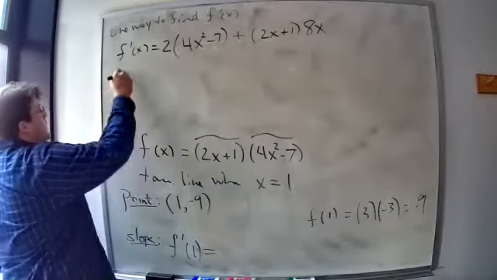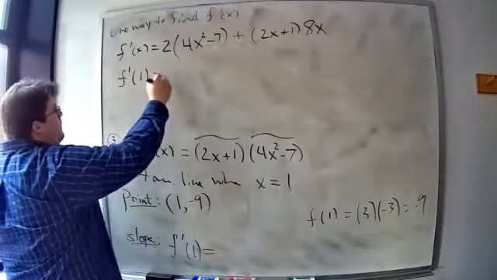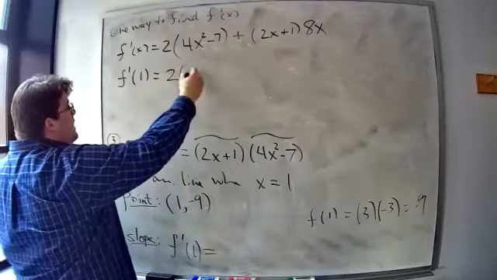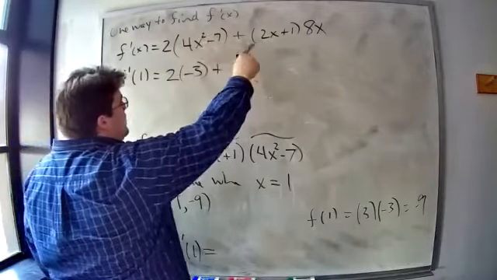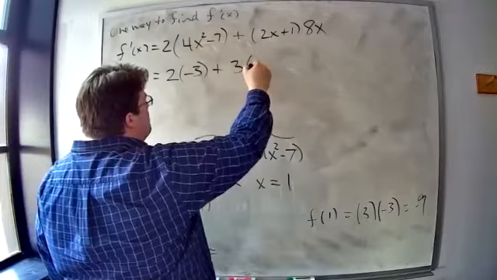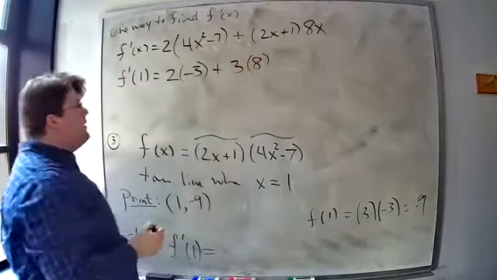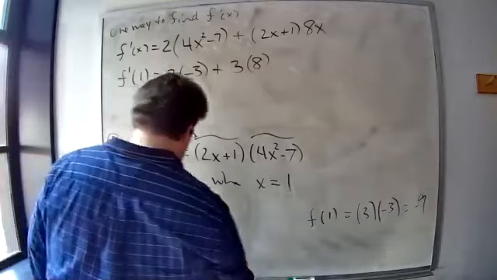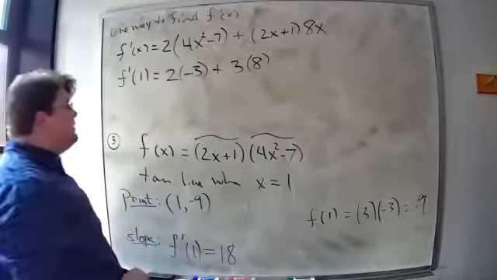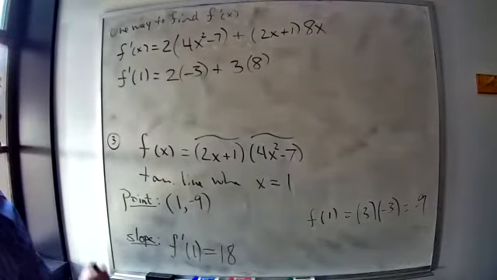So what do we get? So we have 2 times negative 3, 4 minus 7, plus what? 3 times 8 times 1. So we have 24 minus 6, which gives us 18.